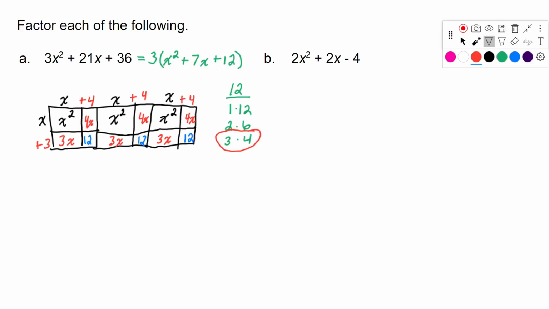So the factored form of this is we've got 3 blocks with the dimensions of x plus 4 times x plus 3. And you can even see that we ended up with 3 x plus 4 dimensions within our model.